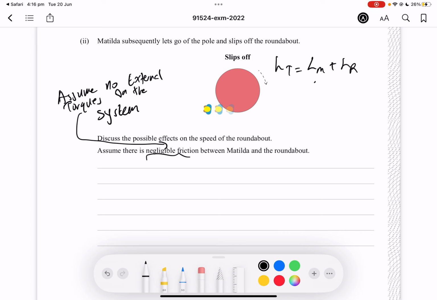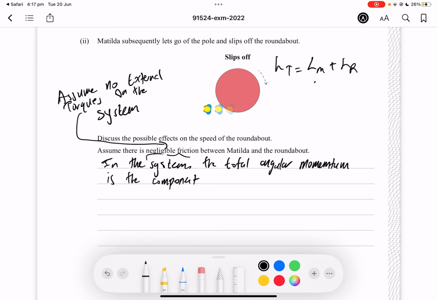All right, so I can't spell, sorry. In the system, the total angular momentum is the component of Matilda added to that of the roundabout.